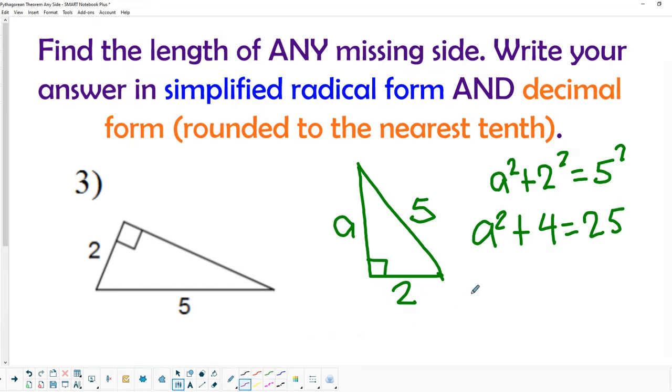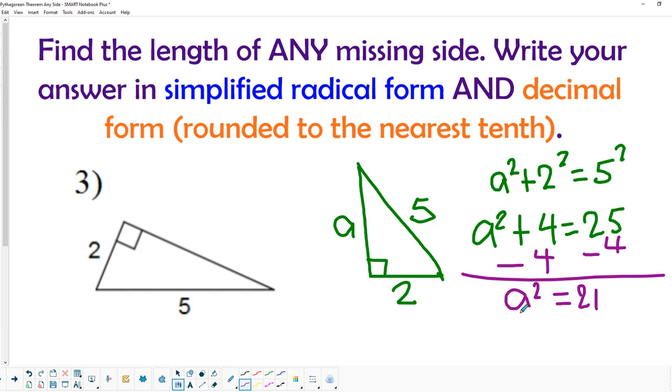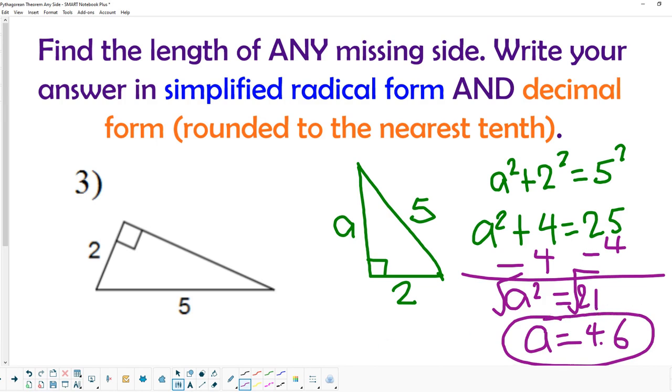Then you subtract that 4 from both sides, which leaves you with a squared equals 21. If I take the square root of both sides, I get a equals the square root of 21, and rounded to the nearest tenth on my calculator, I would get 4.6. So 4.6, isn't that pretty slick?